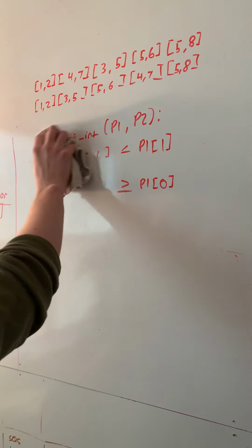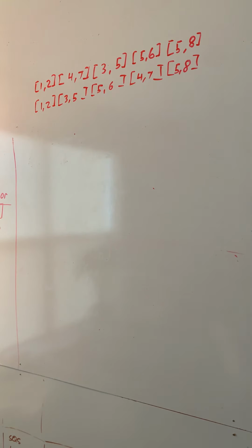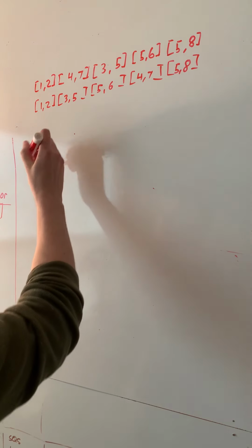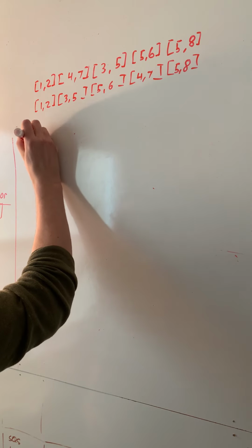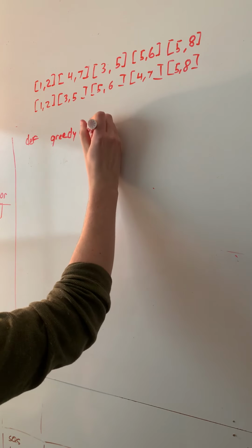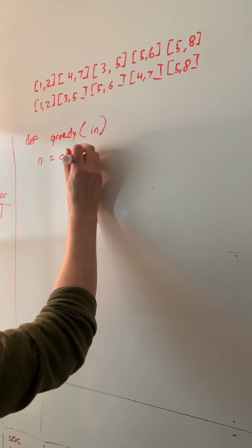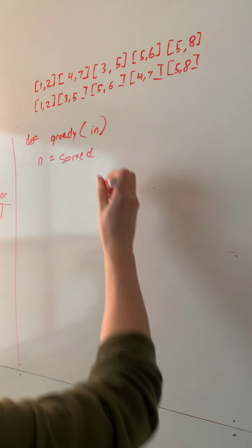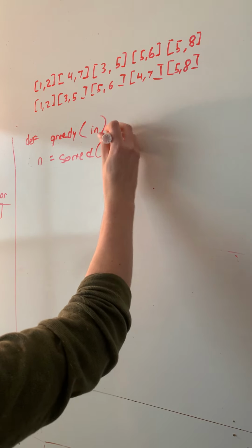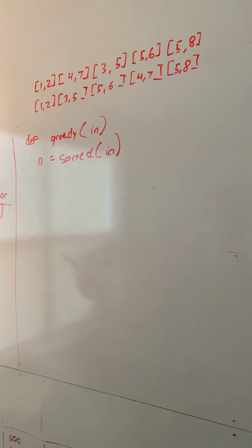So now we're going to solve this using the greedy method, and it's actually a fairly simple solution. Again, we need to make sure that we take in our input and we sort it. And again, this will be n log n. We would have to pass it a key as well to specify that we're sorting based off of the second index.